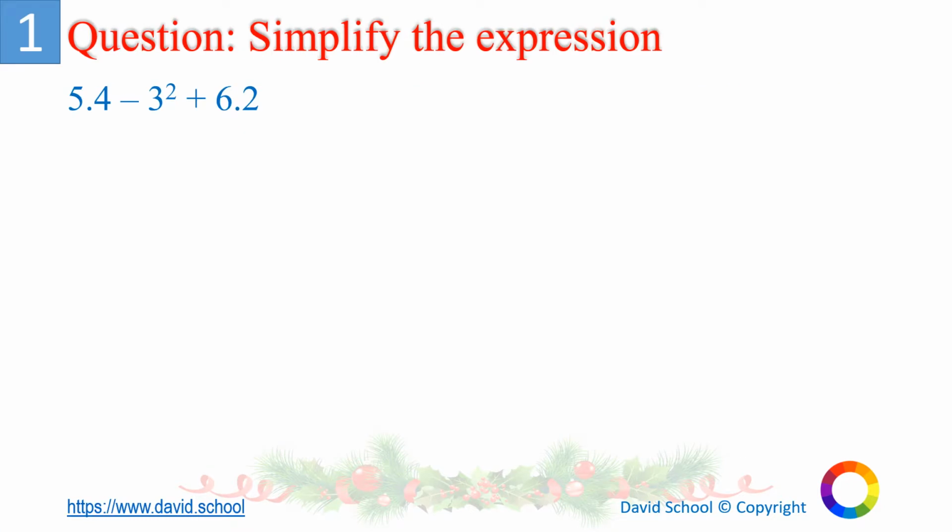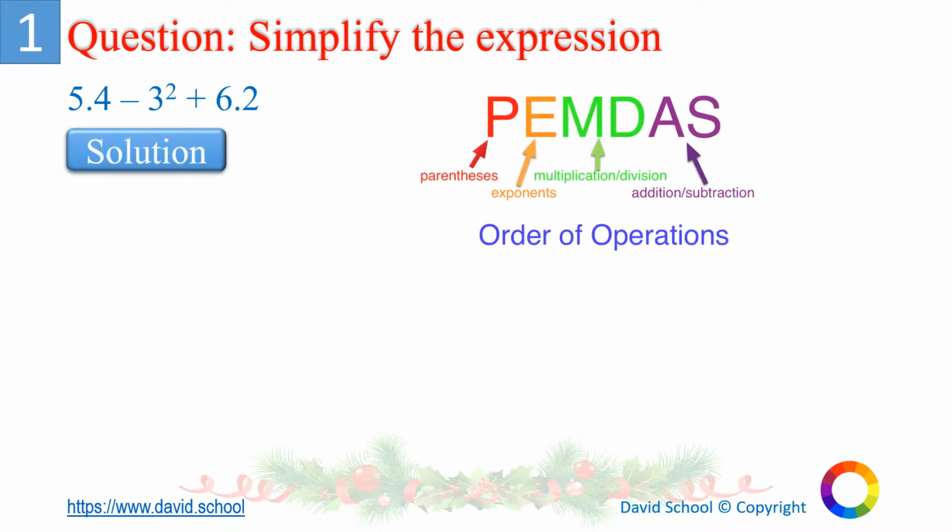Question 1. 5.4 minus 3 squared plus 6.2. This is a numerical expression. In order to simplify this, we use PEMDAS, order of operations. Since there is no parenthesis, we skip the first step. We have an exponent, -3 squared.